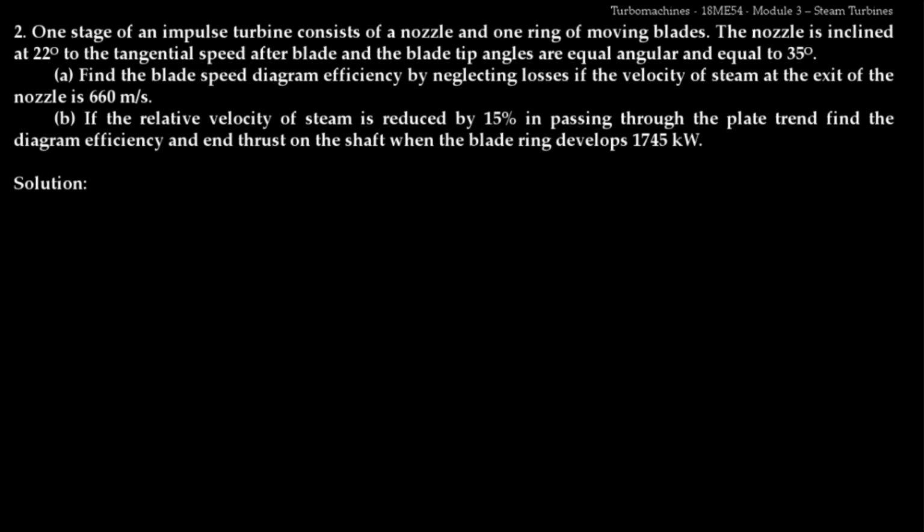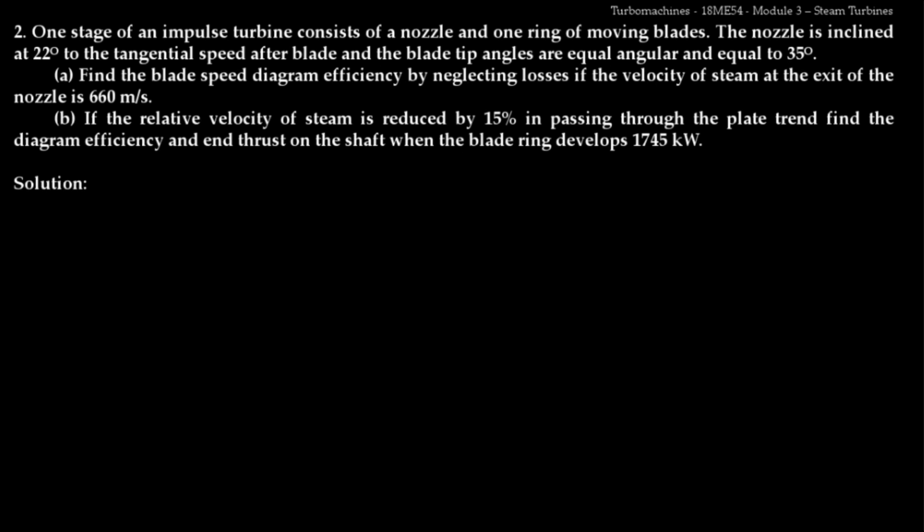A. Find the blade speed and diagram efficiency by neglecting losses if the velocity of steam at the exit of the nozzle is 660 meter per second. B. If the relative velocity of the steam is reduced by 15% in passing through the blade, then find the diagram efficiency and end thrust on the shaft when the blade ring develops 1745 kilowatts of power.